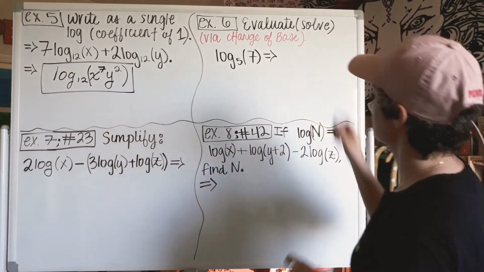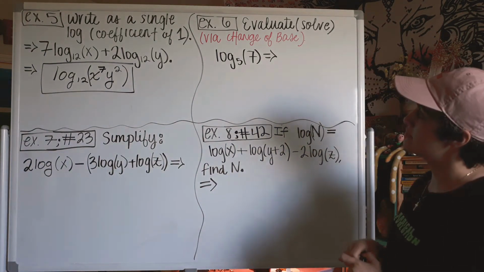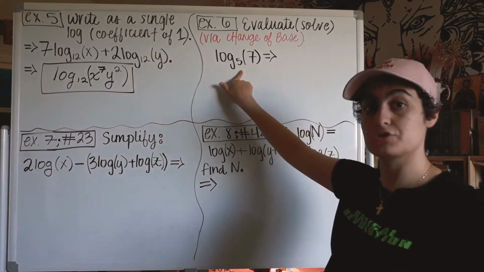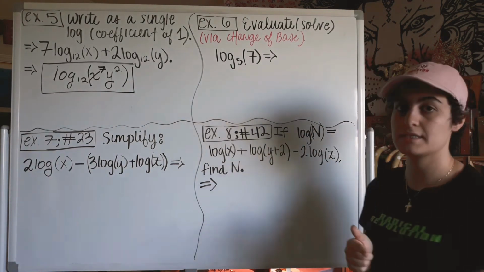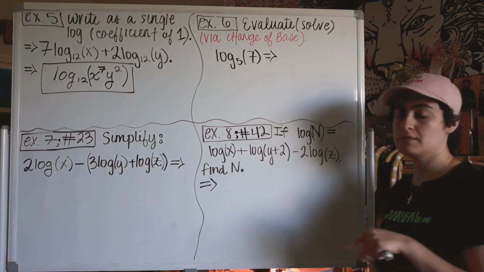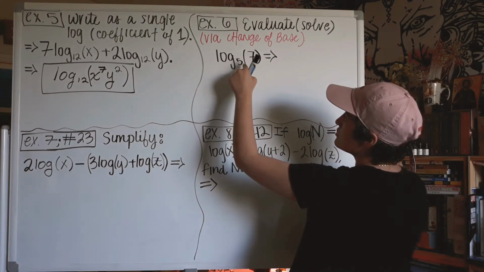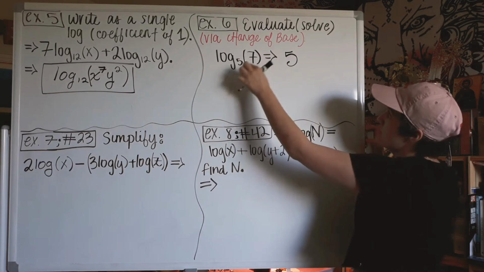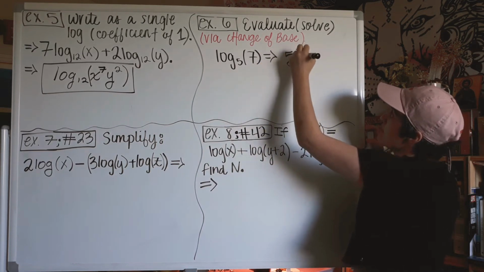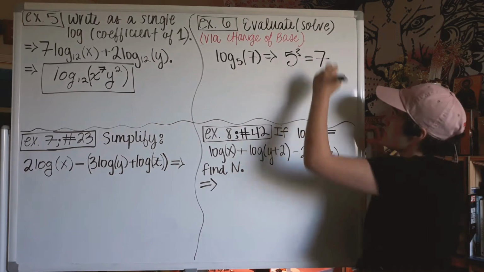And number 6, evaluate. So now it's telling us to actually solve. What is the exponent? So I'm going to rewrite this in the form of BPA. So this, again, is my base. This is my base. We're looking for the exponent, and the answer is 7.